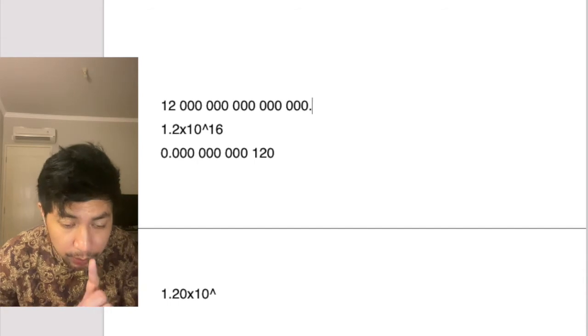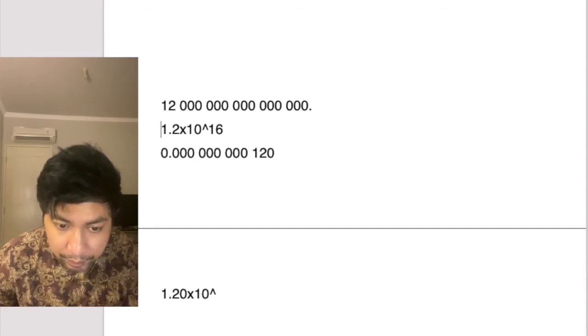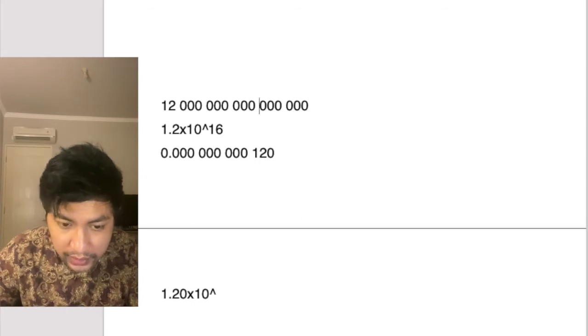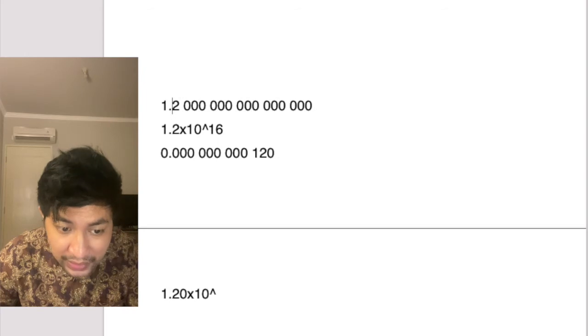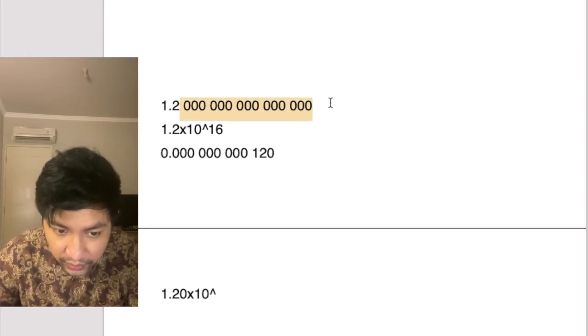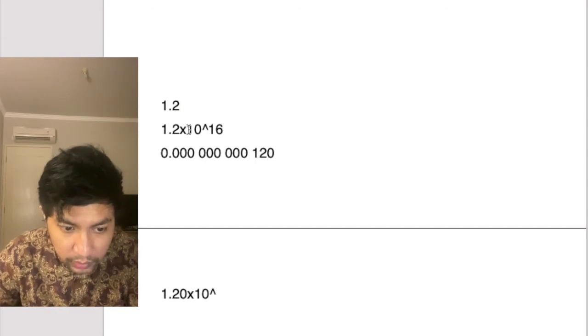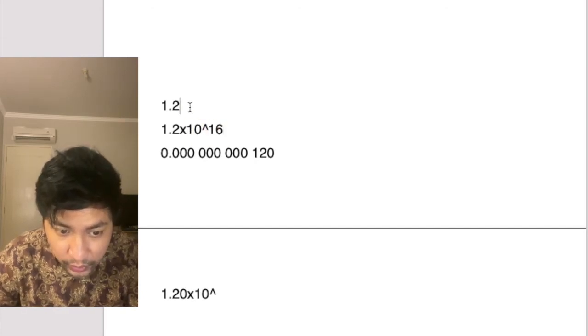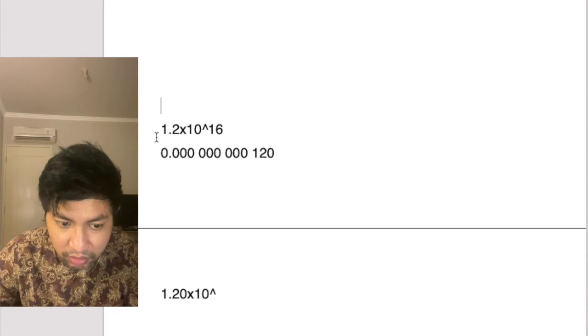The decimal point starts from here, and we move it 3, 6, 9, 12, 15, 16. I moved it 16 times. We delete all of these ones, and they transform to times 10 raised to 16. So that is how you write that number down.